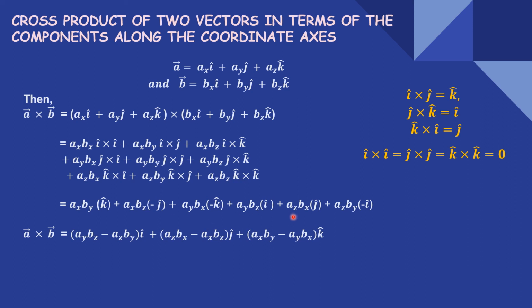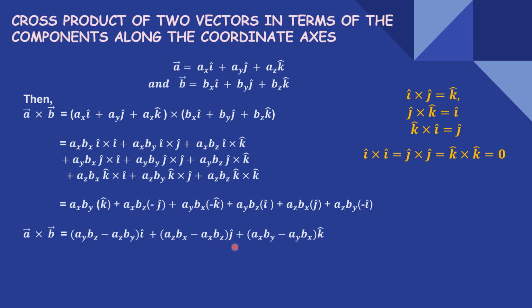So now if we rearrange these terms, there is something common: in two terms i is common, that is ay bz and az by. The i is common in both of these, so here i and here minus i. So if we take a common i, then we can write ay bz minus az by, i caret, plus.